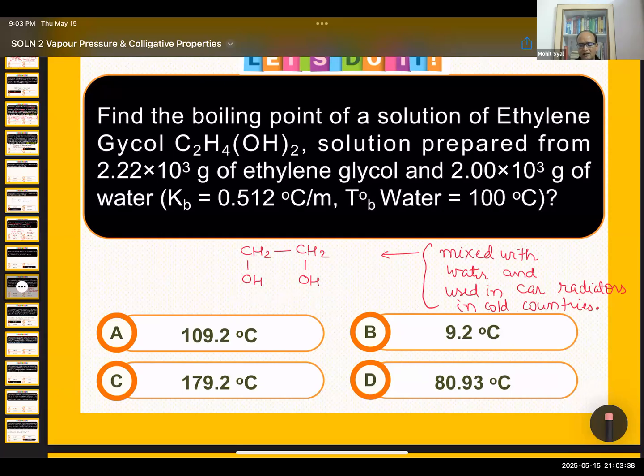And one more example of a colligative property you can write, that is very, very important.